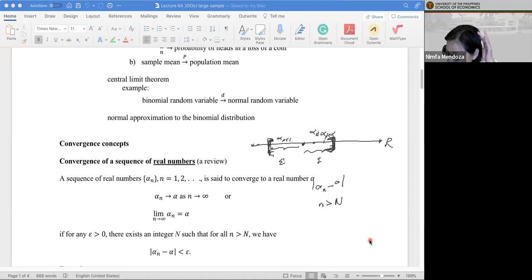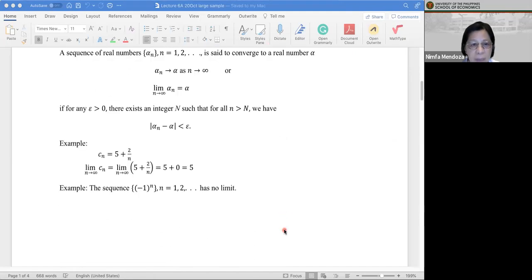The absolute value of alpha n minus alpha is just the distance between alpha n and alpha. So you would have taken that in your earlier calculus class. So let's have an example. Let C sub n be 5 plus 2 over n. What is the limit of C sub n?